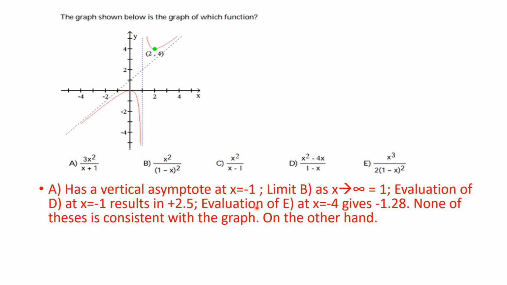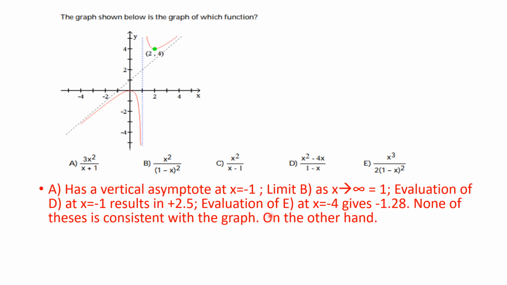Evaluation of E at x equal to negative 4 gives negative 1.28, and this is not consistent also. So none of these is consistent with the graph. That means A, B, D and E are all disqualified.